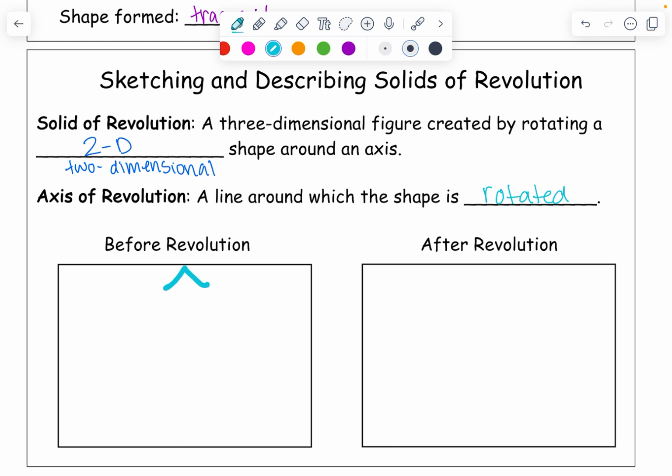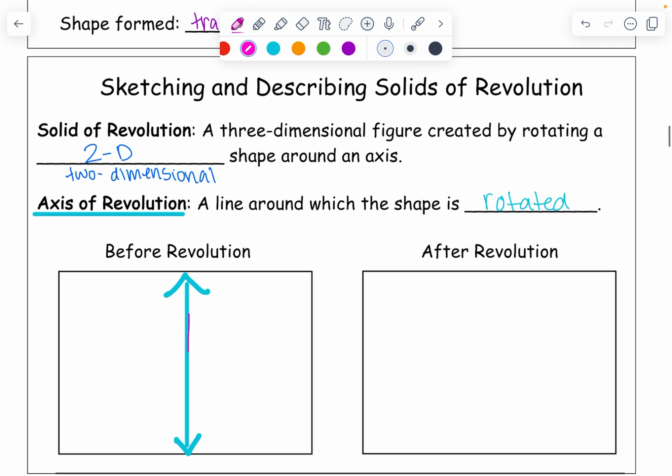So I'm going to draw my little axis of revolution. Okay, and then I'm going to draw my shape. So I'm going to draw a triangle on this axis.